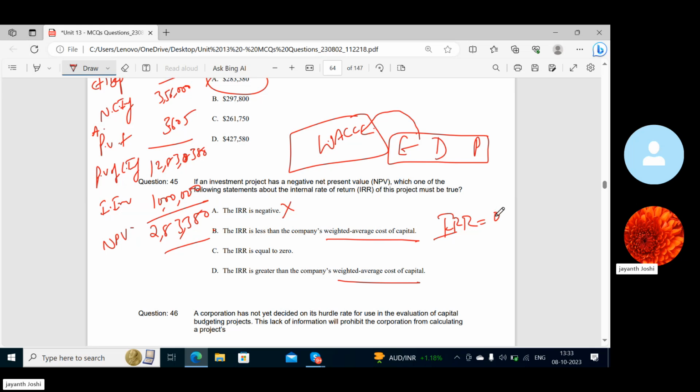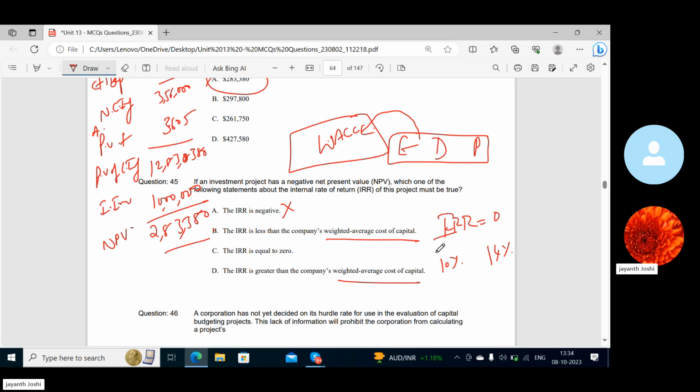If my IRR is 10%, at which I'm getting zero, and if my WACC is 14%, then my NPV is negative, right?